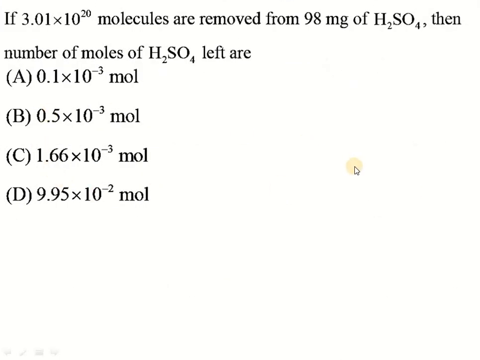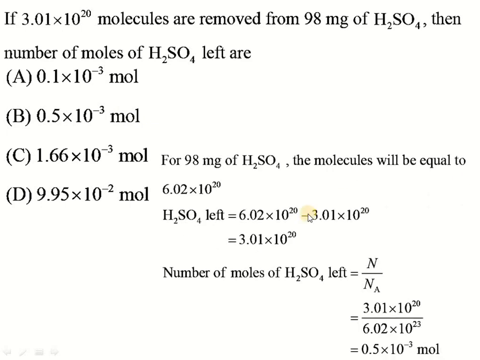If 3.01 into 10 power 20 molecules are removed from 98 milligrams of H2SO4, then the number of molecules of H2SO4 left are? See, in 98 milligrams, we have 6.02 into 10 to the power of 20 molecules. So how many molecules are left?